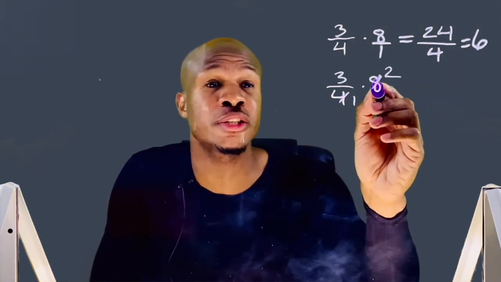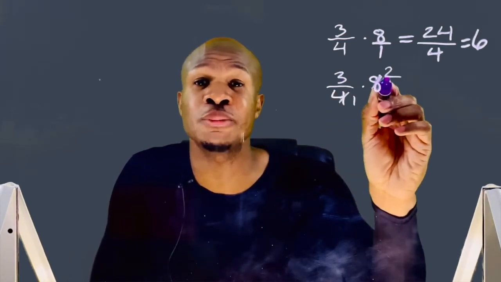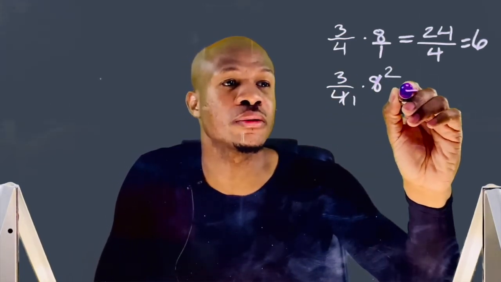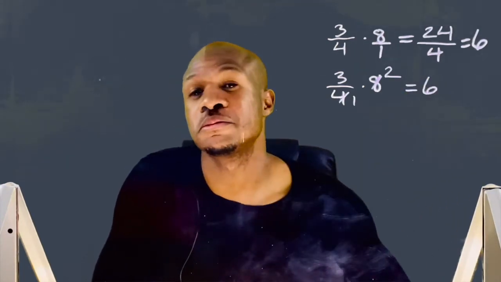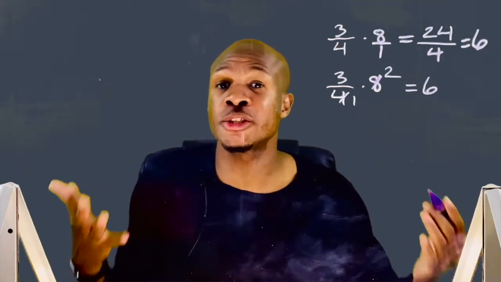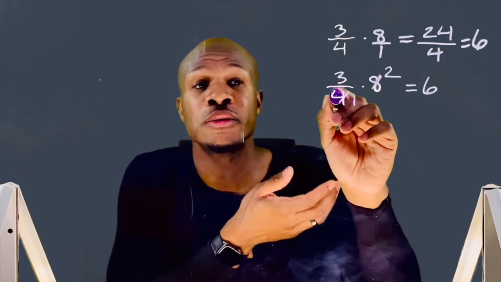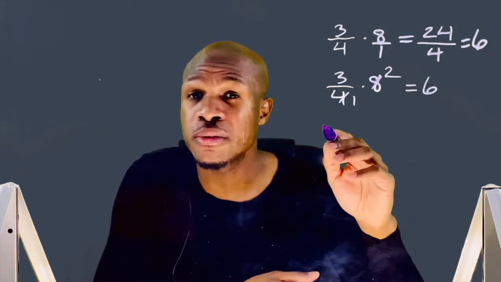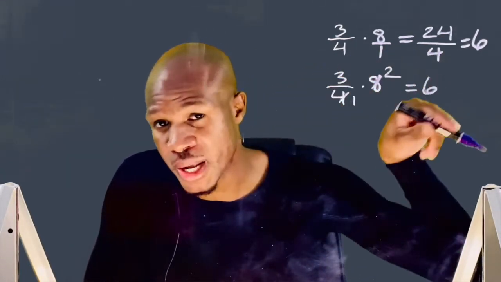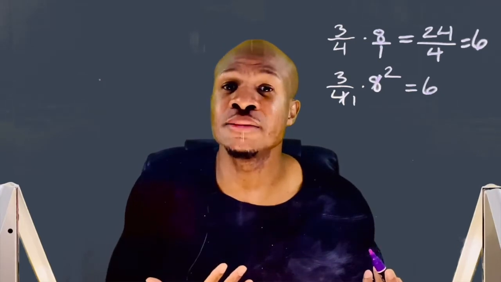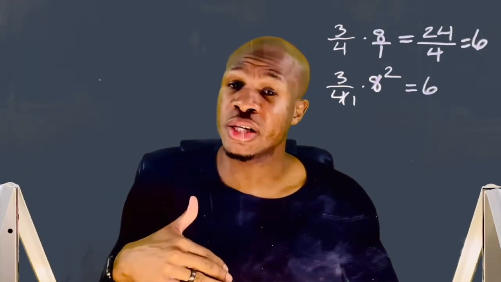So you can just turn this 8 over 4 into 2, and then you have 3 times 2, which equals 6. So you could have done it that way. So it doesn't matter. You just have to know, if I'm multiplying a fraction, the denominator is a divider, it divides into the number, and the numerator is a multiplier, it multiplies into the number. Easy. So now let's talk about dividing by a fraction.